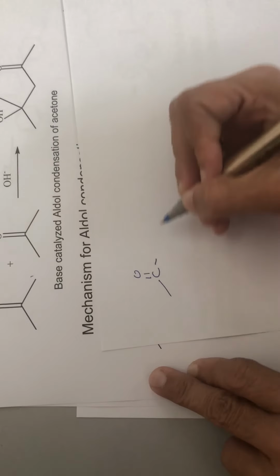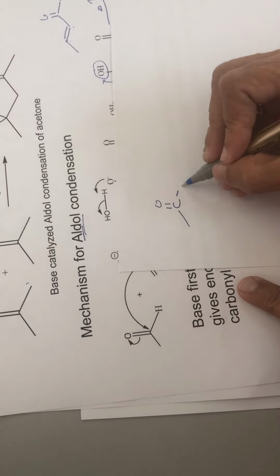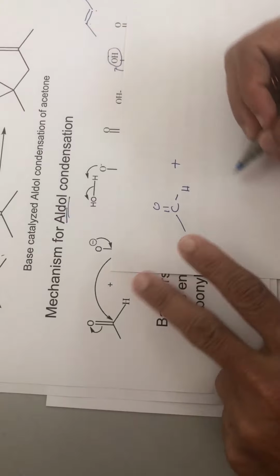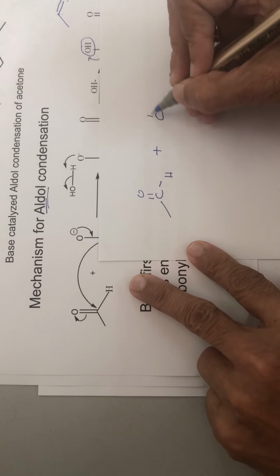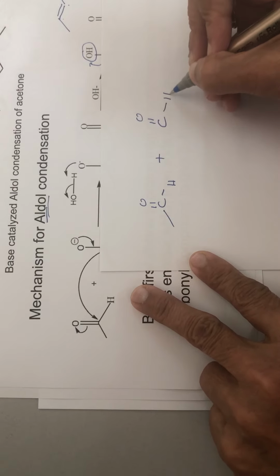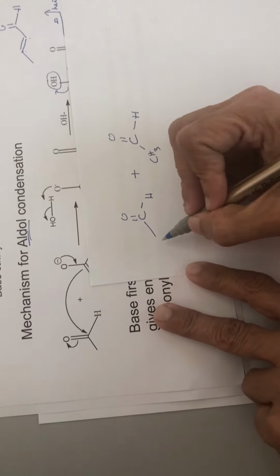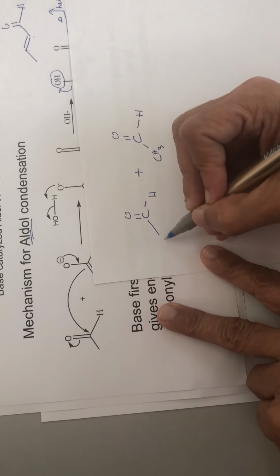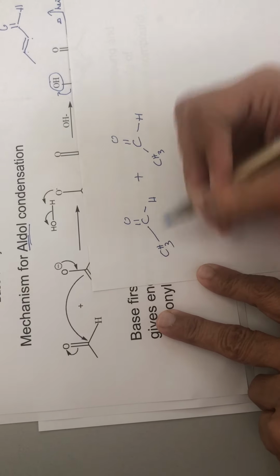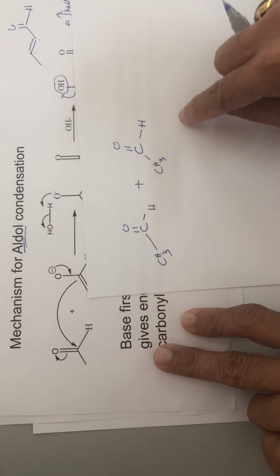For example, in the aldehyde case, I will show you by the mechanism. This is C double bond O and here it is H, and another molecule here is C double bond O and H, with CH3. What is the name of this compound? Acetaldehyde. Both are similar molecules.